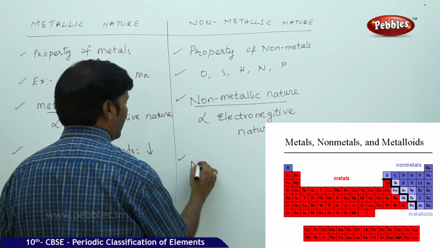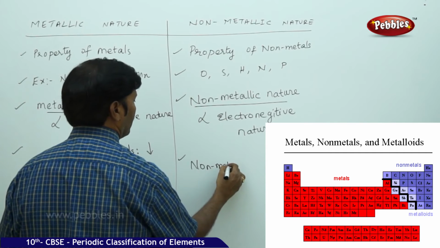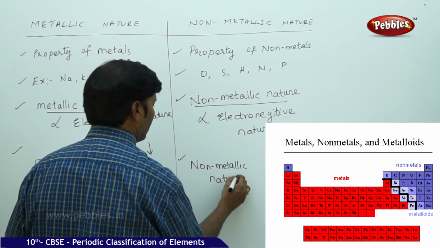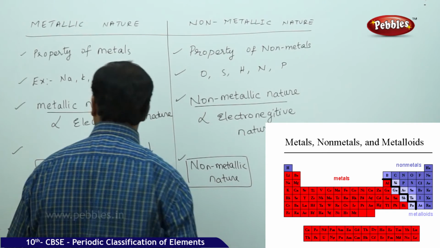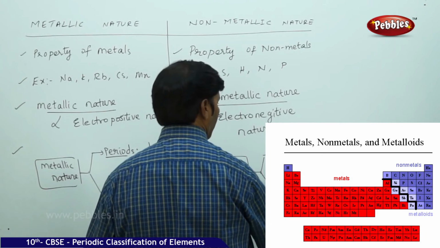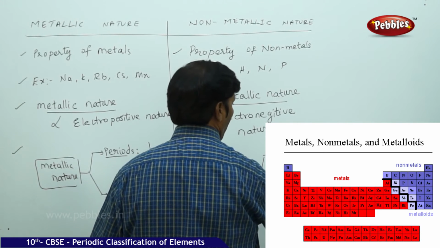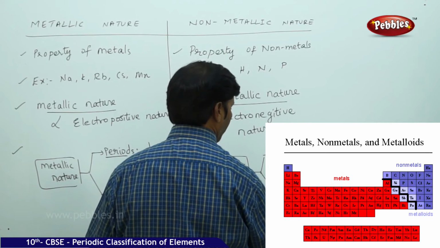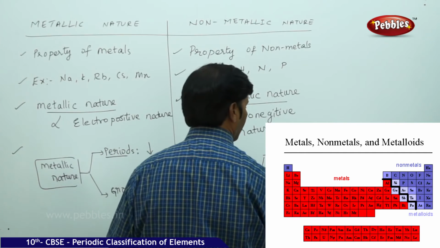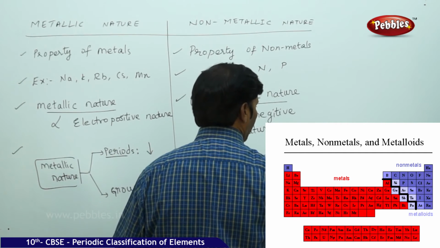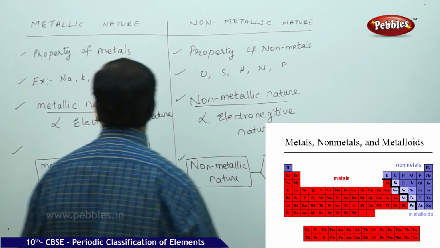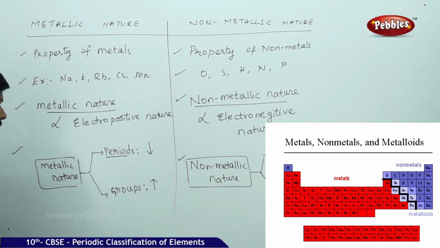Similarly, non-metallic nature in a period it increases, in a group it decreases. Upward arrow is meant for increase and downward arrow is meant for decrease in the case of the variation of the metallic and non-metallic nature.